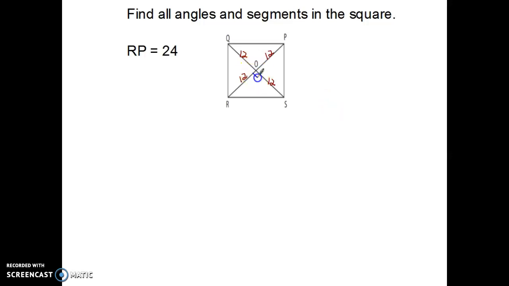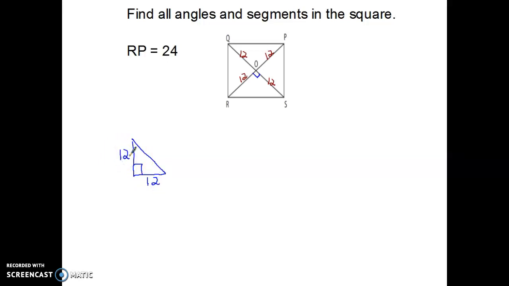Also, not drawn to scale, but my square is also a rhombus, which means I have 4 90-degree angles where point O is. So I'm actually dealing with 4 right triangles, and more specific, they're isosceles triangles. So I'm just going to go off to the side here. I have a right triangle. 2 of my sides are 12.